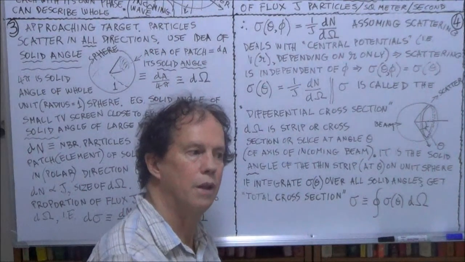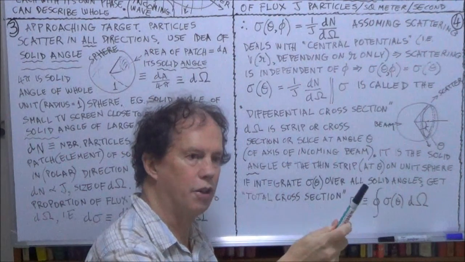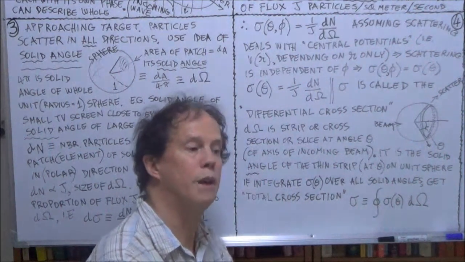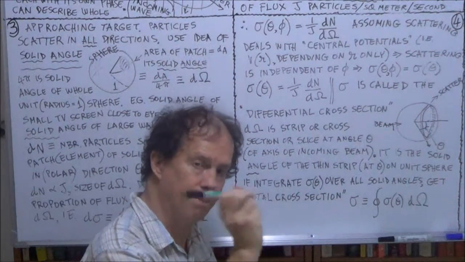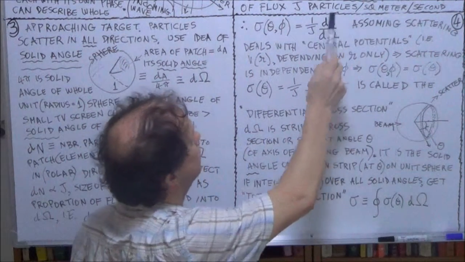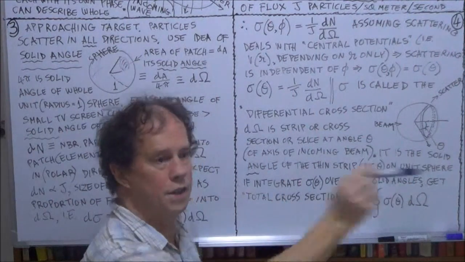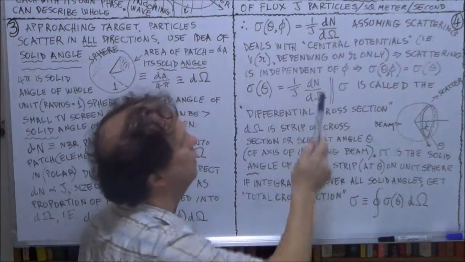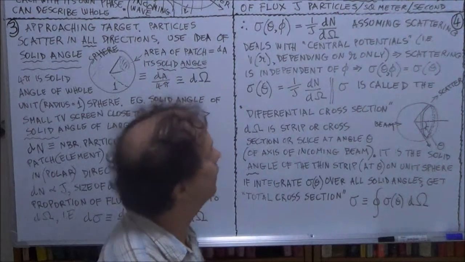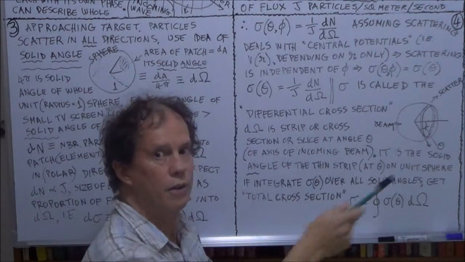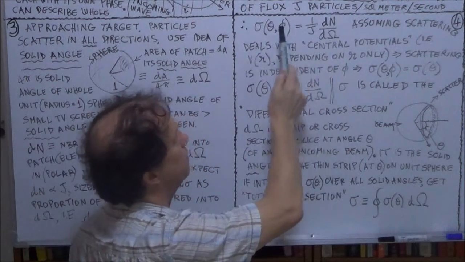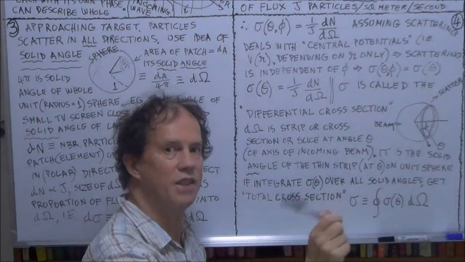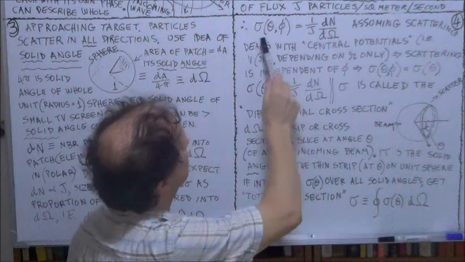The larger your scattering angle, the smaller the number of particles that will be deflected by that amount. J is a constant, assuming that's just the number going in. So you would expect this to depend on the scattering angle. This will go right down as theta becomes large. The maximum theta is 180 degrees, where it scatters right back. So that makes sense.